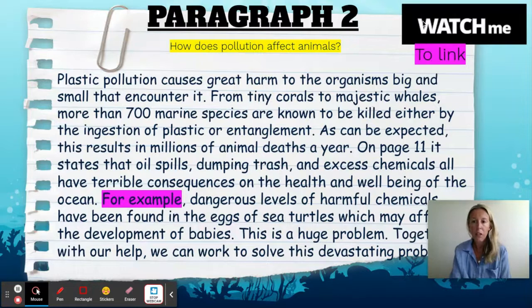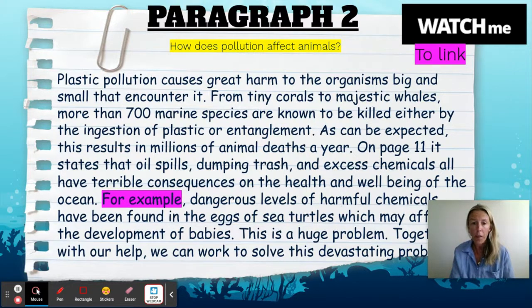I am now going to link my ideas together. On page 11, it states that oil spills, dumping trash, and excess chemicals all have terrible consequences on the health and well-being of the ocean.